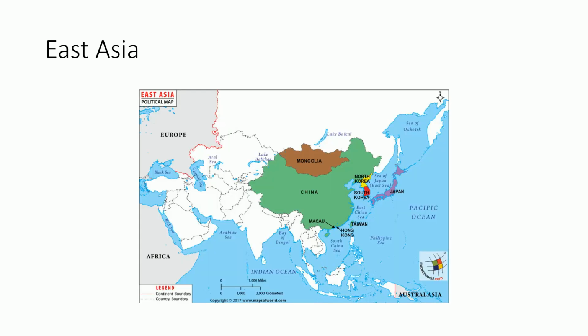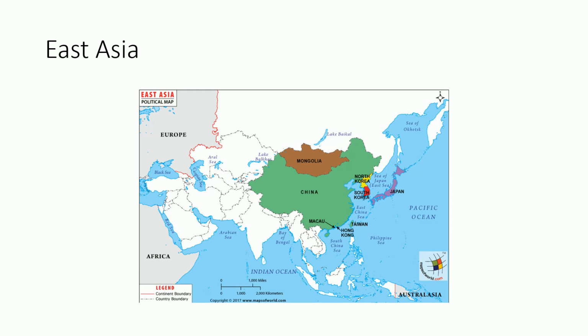Then we have East Asia, another birthplace of human civilization, out in China. East Asia is primarily a study of China, the Koreas, and Japan. It is the story of this area of the world being a birthplace of all kinds of scientific and cultural advancements.